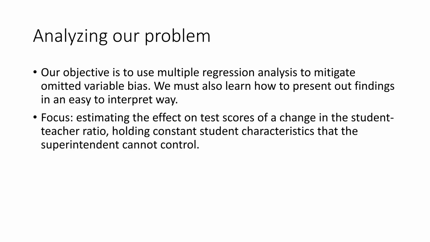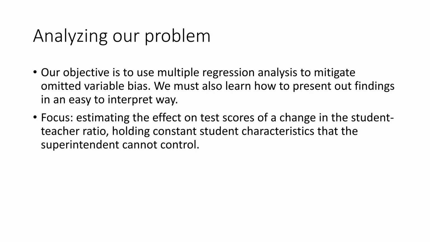Okay, so the focus is estimating the effect on test scores of a change in the student-teacher ratio. That is ultimately what this superintendent is proposing, making smaller classes. If this is done and it costs taxpayers money, they want to know that they're actually going to be improving test scores. So we need to hold constant other characteristics that are out of the superintendent's control.